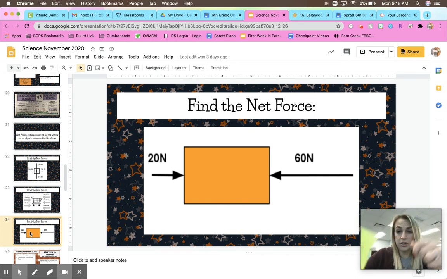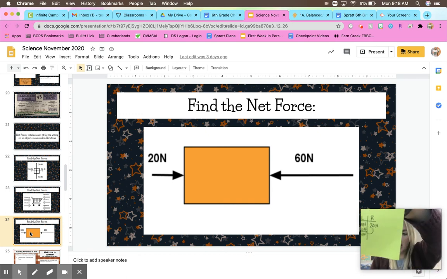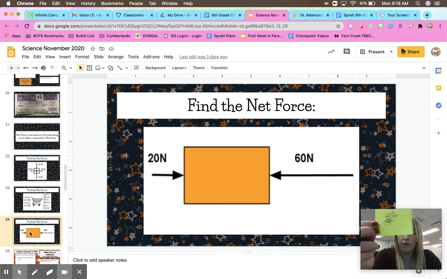Okay, so 60 is larger than 20, so I'm going to subtract 20 from 60, which gives me 40 newtons. So this is an unbalanced force, and it's going to be 40 newtons to the left. So the box is going to go that way. I had to figure out which way the correct arrow was going to go.